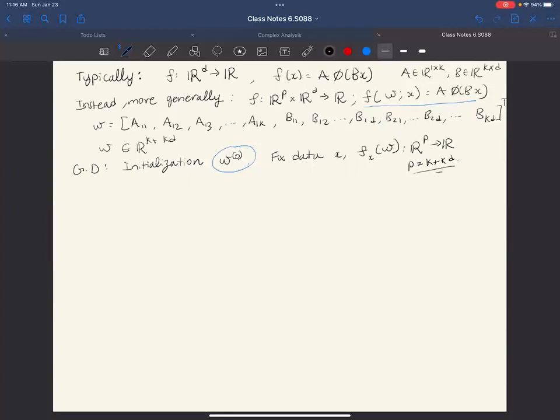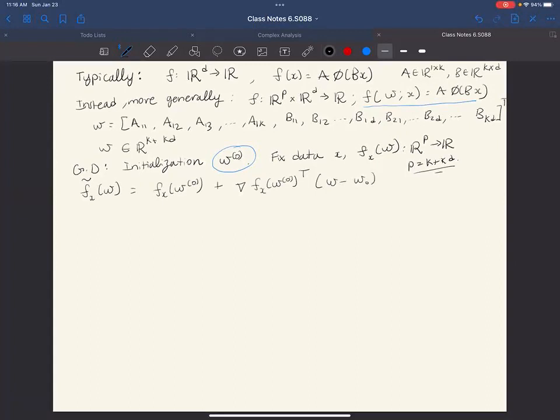Okay, and so how do I write my Taylor series expansion? Well, just remember that if I was to do a first order expansion, this will just be, I'm going to denote it as f_x tilde of w. And this is just the initial value at some w naught plus the gradient at w naught transpose times w minus w naught.